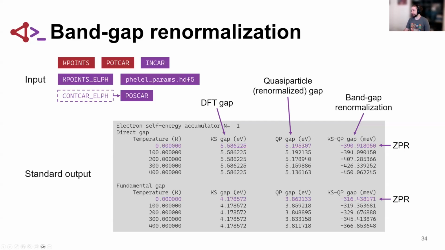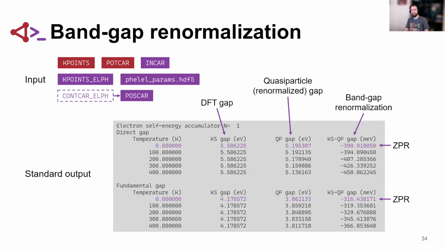But once we activate electron-phonon effects, this so-called quasi-particle gap, the renormalized gap, does depend on temperature. And you see here that the size of the gap decreases with increasing temperature. So this follows the same pattern that we saw earlier in the plot with the temperature dependence.